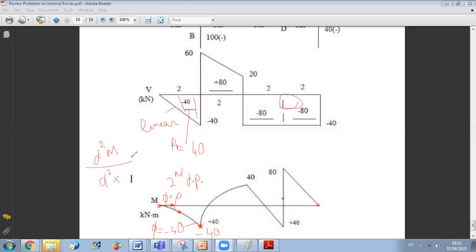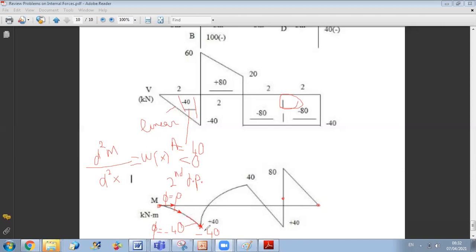And in this problem, omega is negative. It's a downward rectangular force. Since omega is negative, the concavity of M should be down. Also, you can know it from the variation of slope. If you follow the slope variation, you will get a downward concavity.